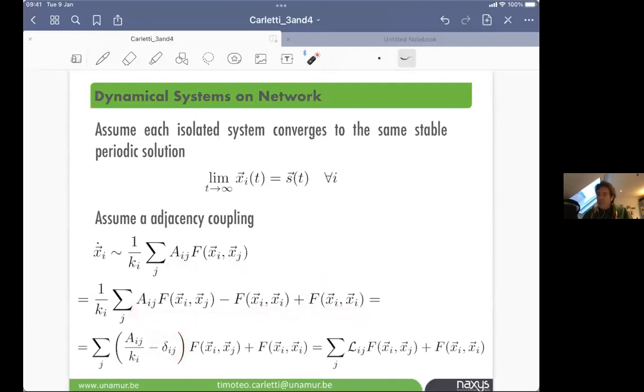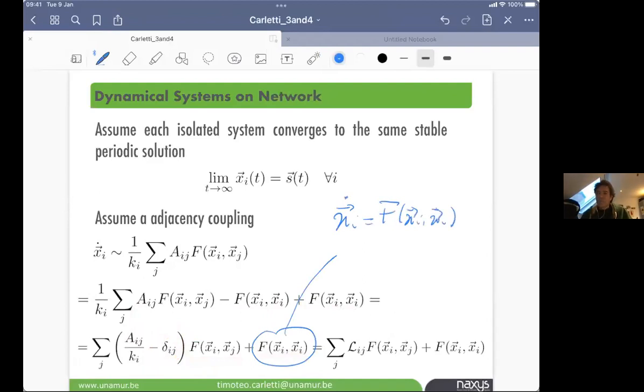So now I have the sum over all the neighborhood of Aij divided by the degree as before, minus the identity, times this function f evaluated in points i and j, plus this term, which is in some sense the isolated system, because this term here is responsible for the equation x dot i equal to f(xi, xi).